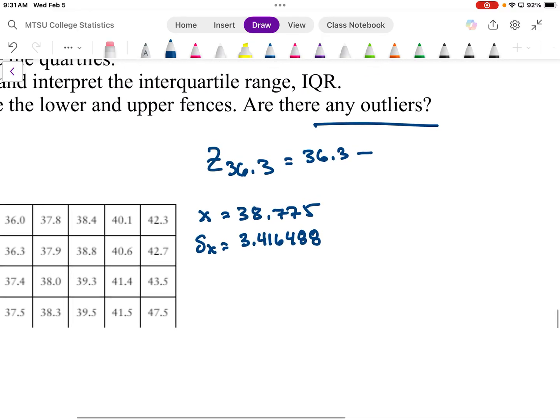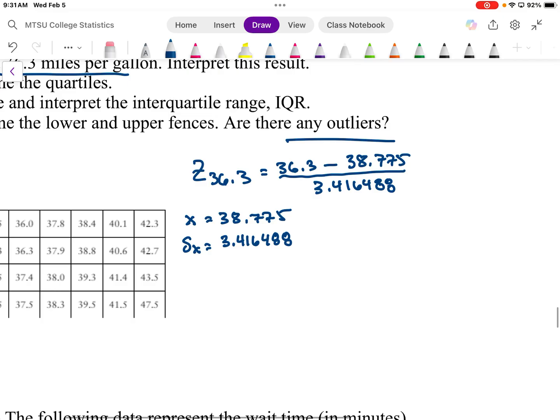So as I look at the z-score, I have 36.3 minus 38.775 over 3.416488. Let me clear that screen and do that. 36.3 minus 38.775 gives me negative 2.475.